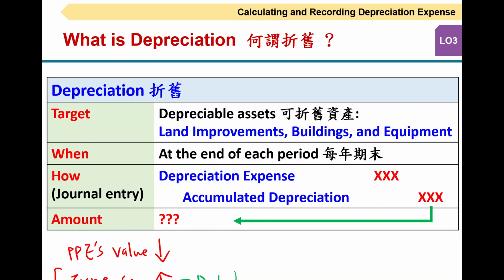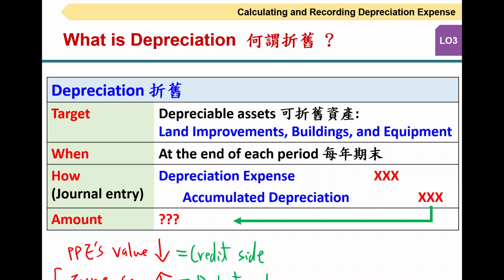On debit side, right? Asset decrease on credit side, right? So when we want to describe the situation, we will debit expenses, credit PPE, right?